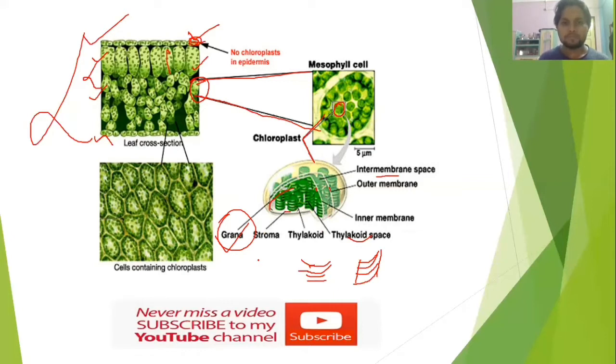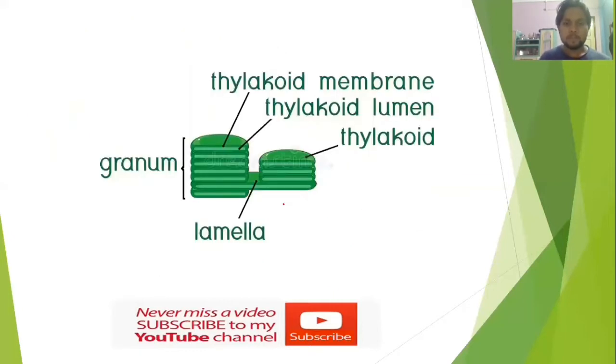Okay. So now, this is a picture of one granum. This is one thylakoid. Thylakoid also has a membrane, this is the thylakoid membrane.